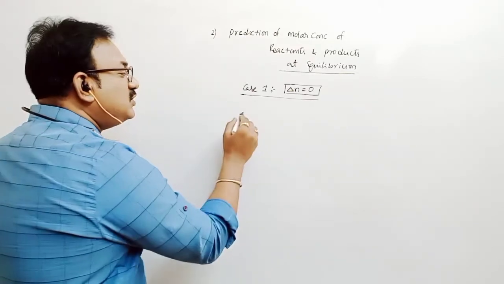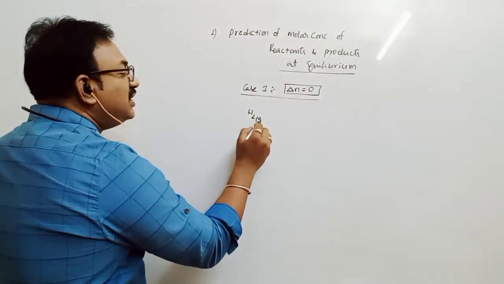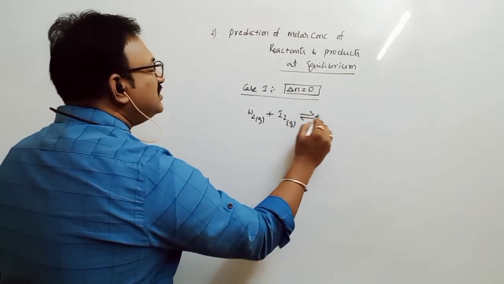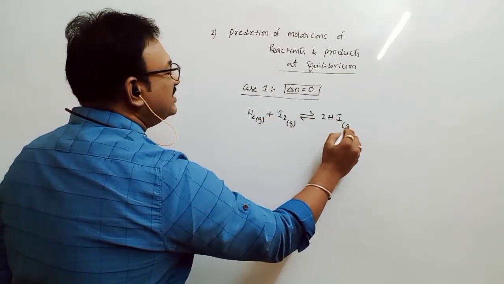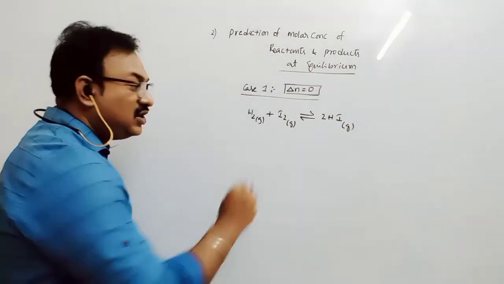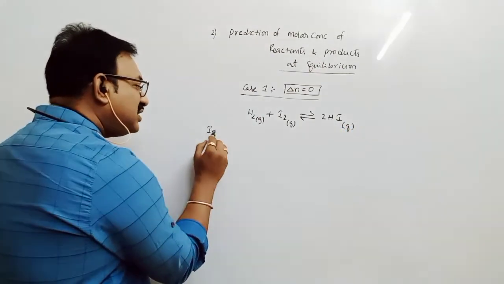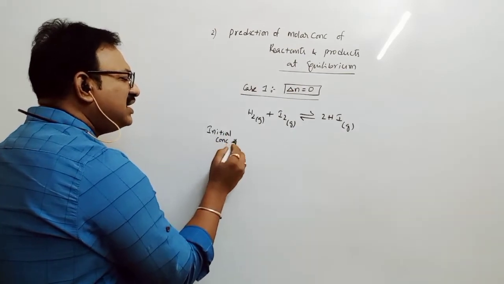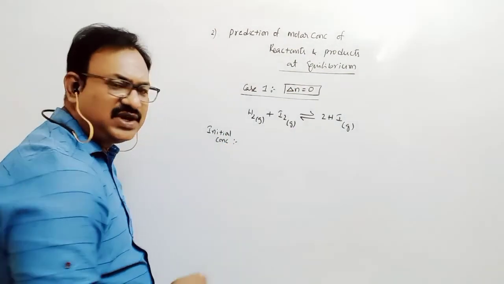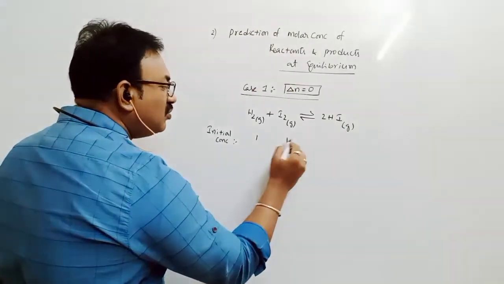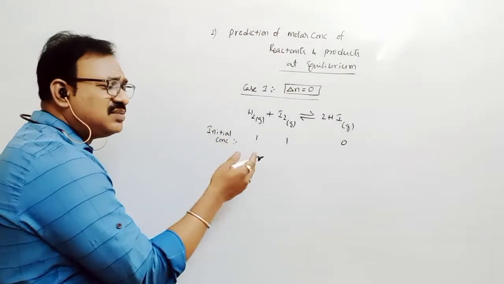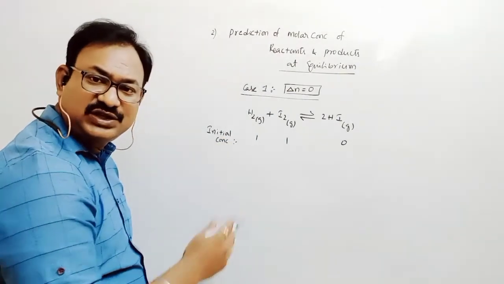So the reaction will be H2 gas plus I2 gas gives rise to 2HI gas. Now, initial concentration. You can take a moles, b moles if you like. I want to make it in the simplest way, so I want to take 1 mole, 1 mole per liter concentration, meaning you just take it as mole per liter. Okay, this is initial concentration.